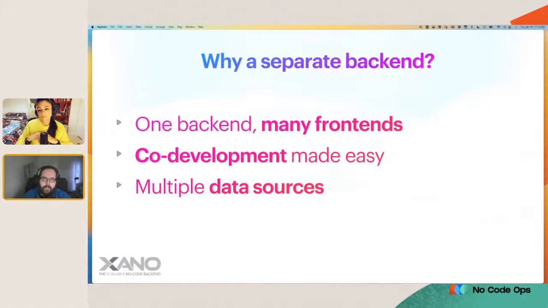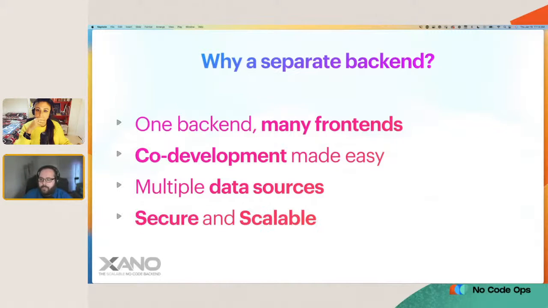You're going to utilize a third-party service to provide that movie data to you. So with Xano, you are able to collect data from all of these multiple different sources and perform your logic and store and transform that data all in one place, just to make it super simple to work with those multiple sources. And then finally, Xano is both super secure and scalable.